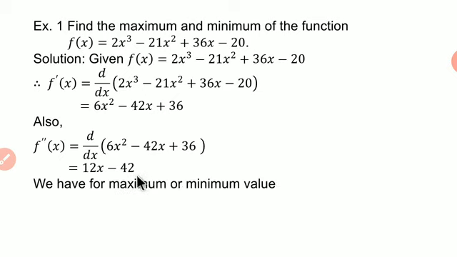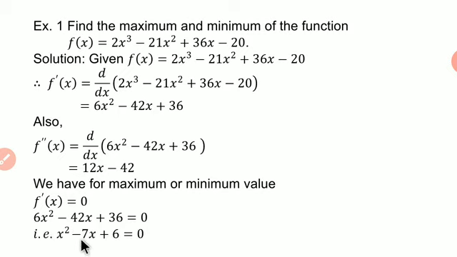Now for the maximum and minimum value, that is for the extreme values, f dash of x is equal to 0. That is 6x square minus 42x plus 36 is equal to 0. If we divide all the terms by 6, we get x square minus 7x plus 6 is equal to 0. Now here we have to find the roots of this quadratic equation.